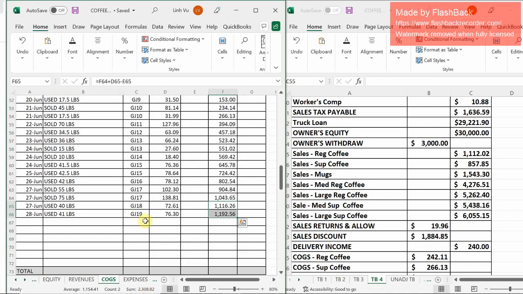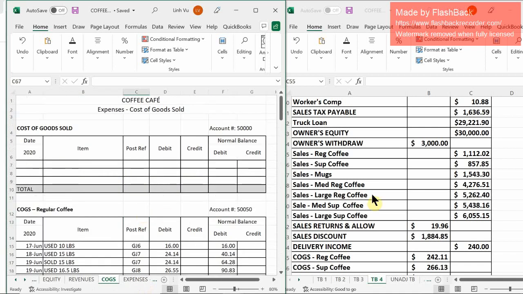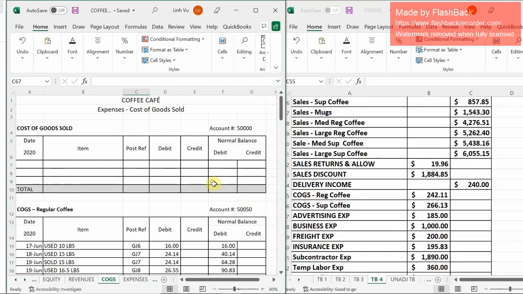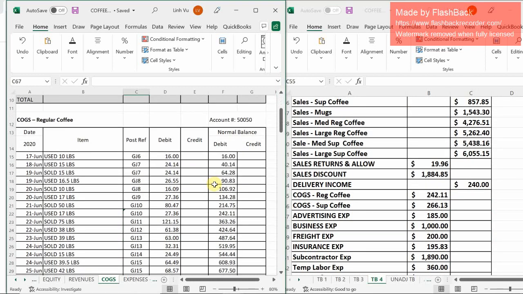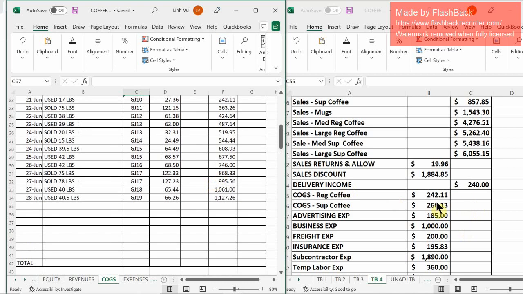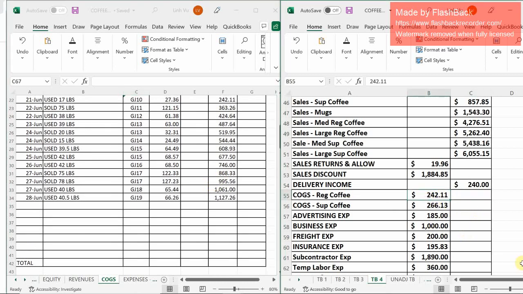Okay. Next section is going to be the cost of goods sold. In this case, I only have regular and Supreme for now. So my current balance for my regular coffee for the cost of goods sold was $1,127.26. Okay?